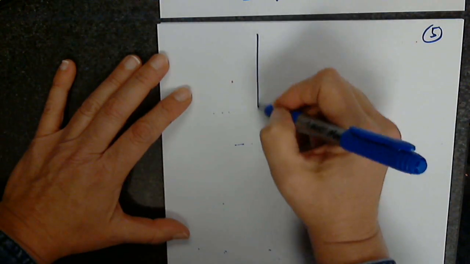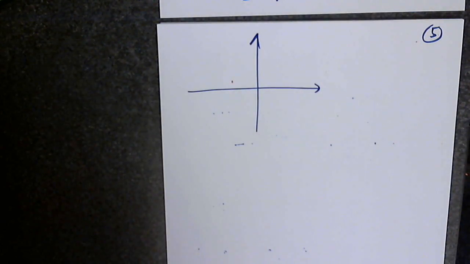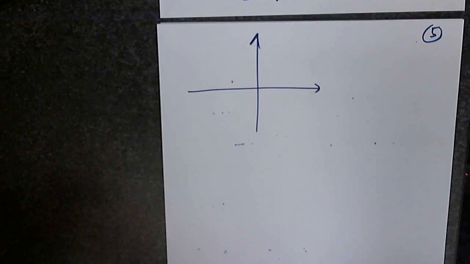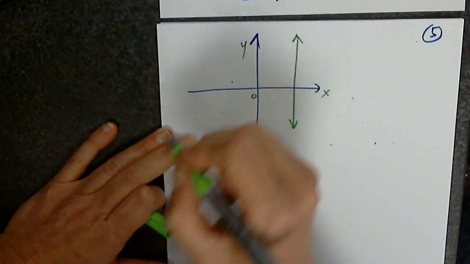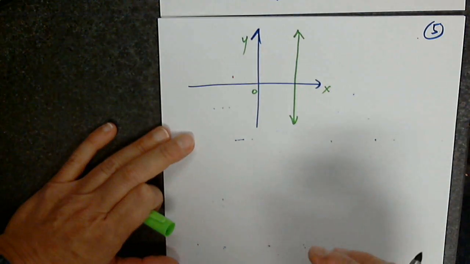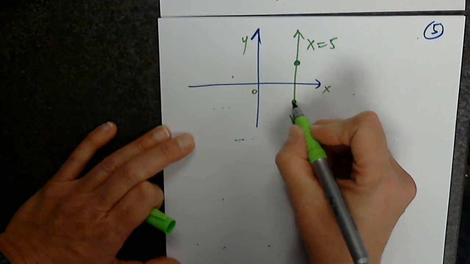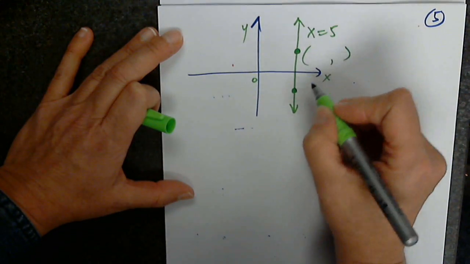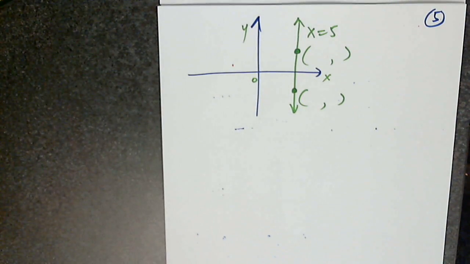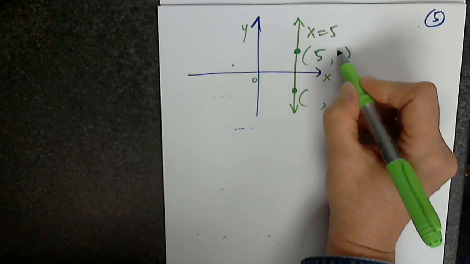So can anyone give me the equation of this line? X equals 5. Excellent. And now can anyone give us 2 points anywhere you want on this line? 5, 3.